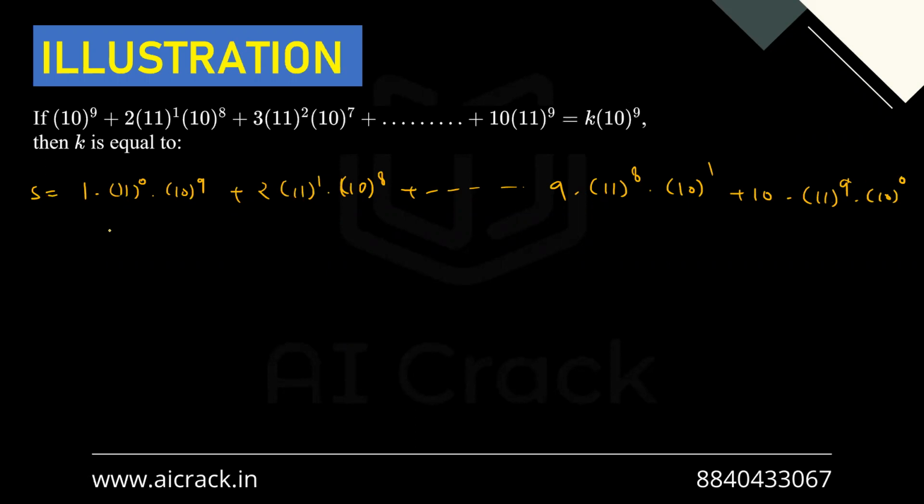Now we can see that these terms 1, 2, 3 until 10 are in AP, and these terms are in GP with a common ratio of 11 by 10, right? So I'll multiply this entire series with 11 by 10.